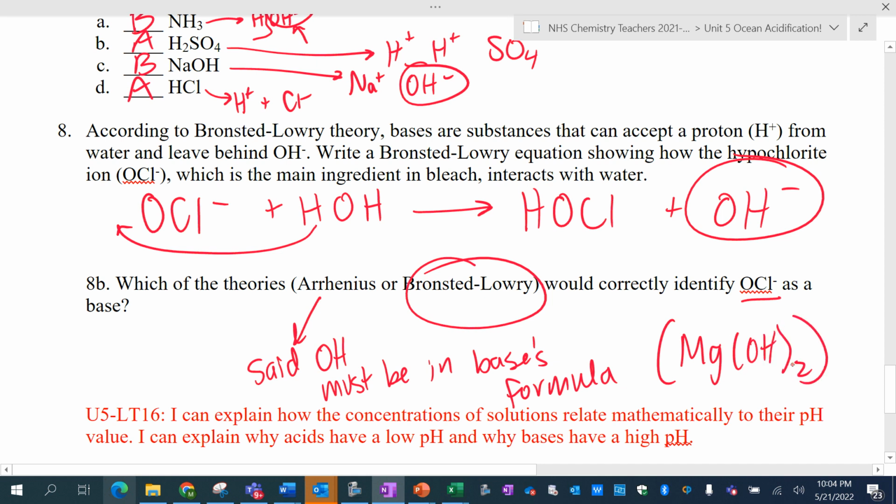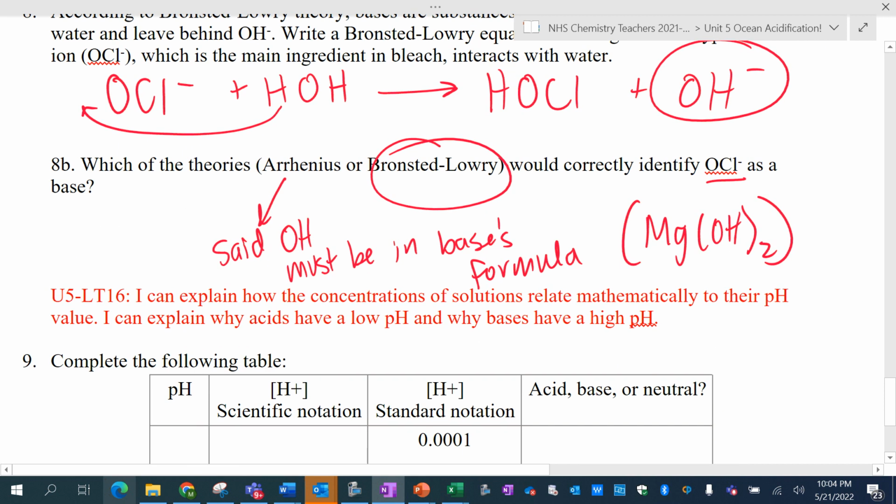That would definitely be a base according to Arrhenius, but we realized there are other things that should also be considered a base, and so they changed how they defined an acid and a base.